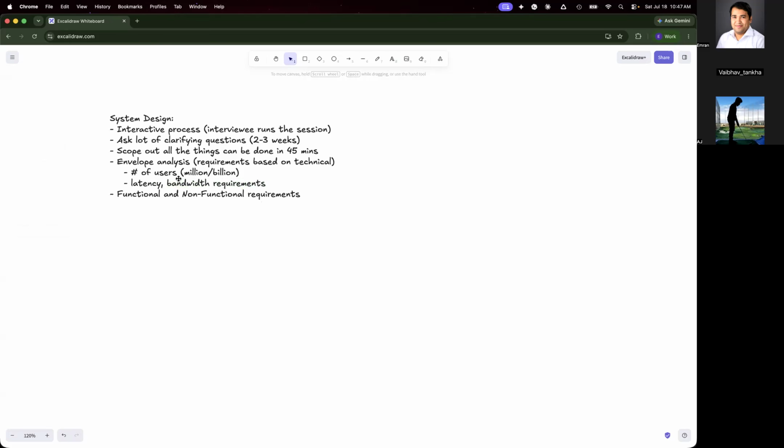Because if you are on Wi-Fi, if you have wired connections, you have very large bandwidth, right? But if you only depend on cellular connections, then you need to think how to scope it out. Asking this question will give you a lot of idea what you want to do.